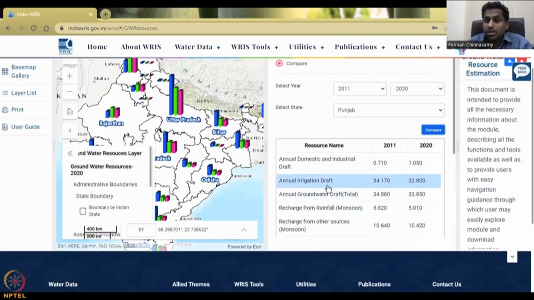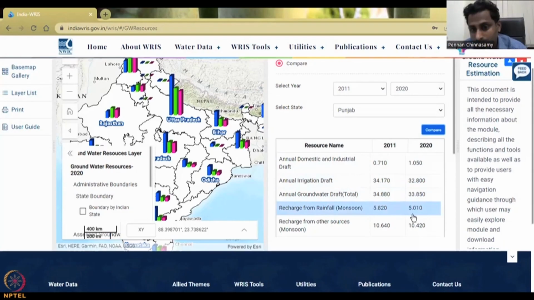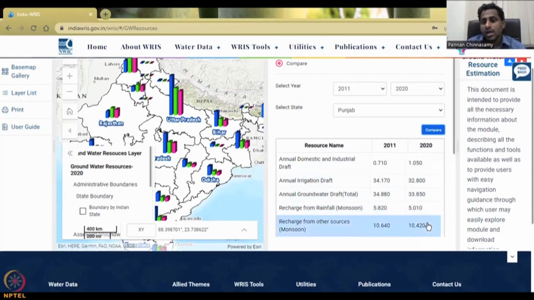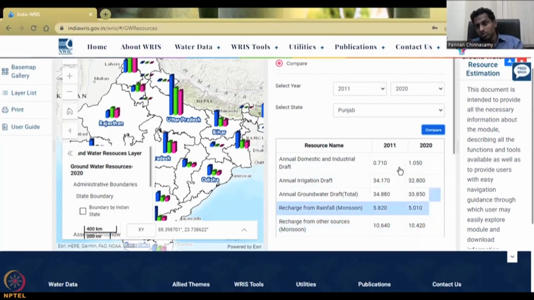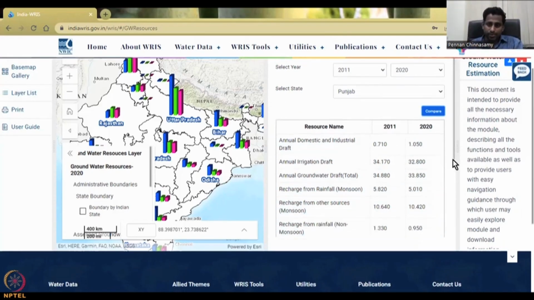So for some reason, your domestic and industrial draft has gone up. Your irrigation draft has come down. The total annual draft is almost equal, or I'll say less, just by 1 billion cubic meter. And the rainfall recharge has come down. Therefore, your recharge has come down. Your net groundwater storage will also be affected.